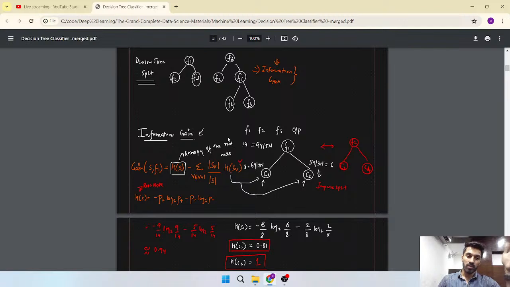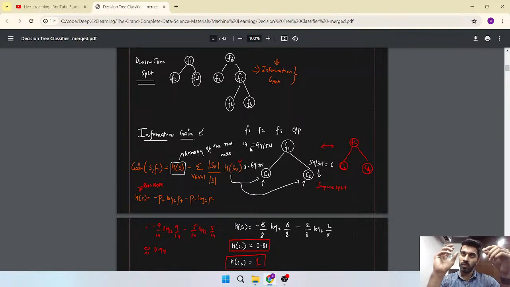So that's it for entropy and Gini impurity. Now coming to information gain. Information gain is basically used to find the split. Entropy means randomness.